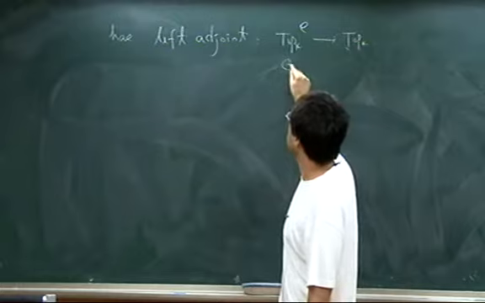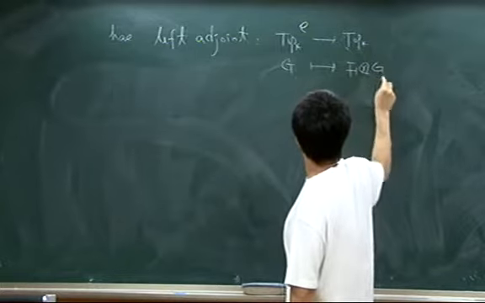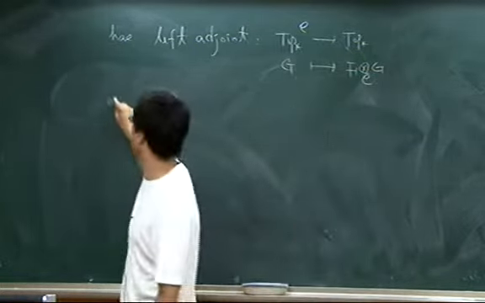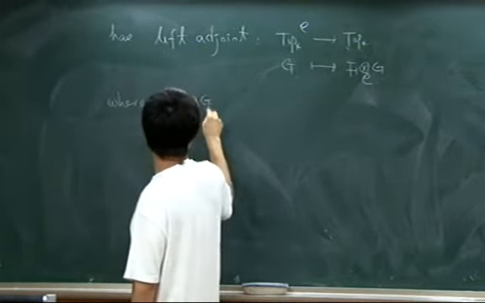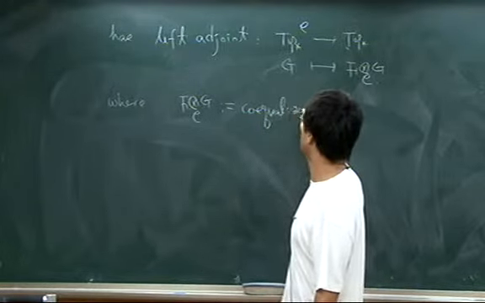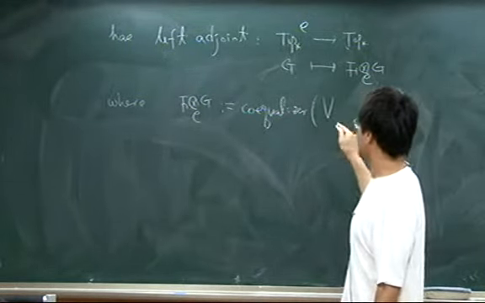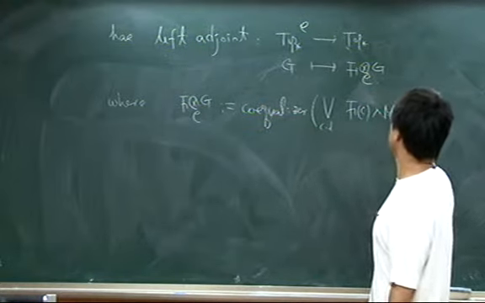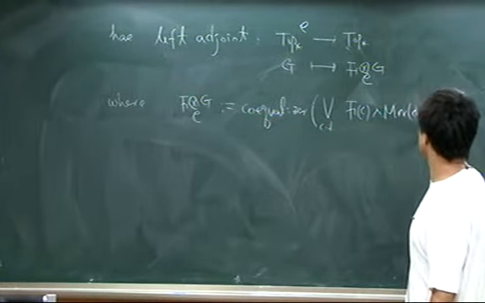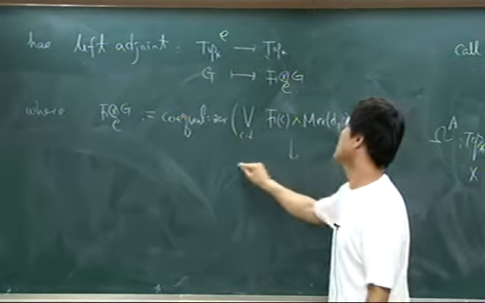So if you have some G, then this goes to F tensor G over C, where this F tensor G over C is the co-equalizer of this one, with the morphisms T to C. This looks probably complicated.